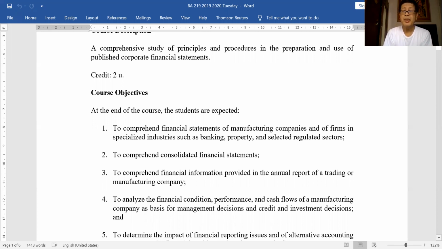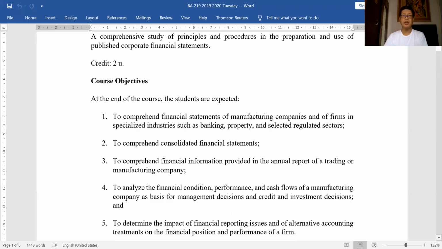You must be able to understand consolidated financial statements, comprehend financial information provided in the annual report of a trading or manufacturing company, and number 4, you must be able to analyze the financial condition, performance, and cash flows of a manufacturing company as a basis for management decisions and credit and investment decisions.